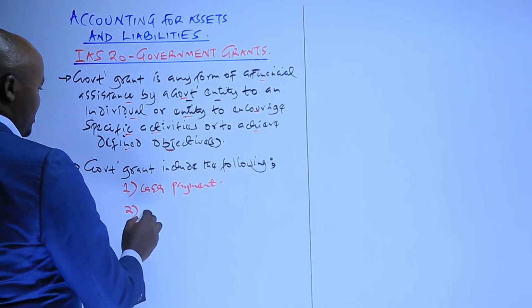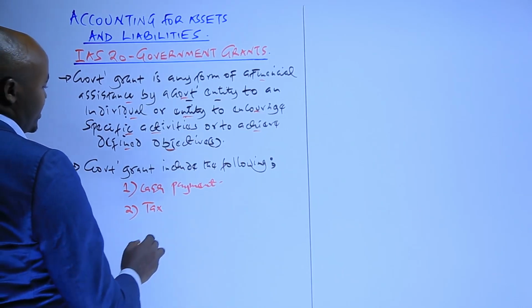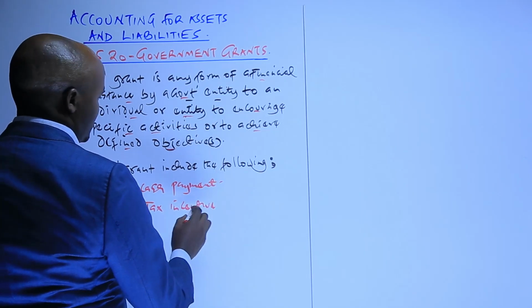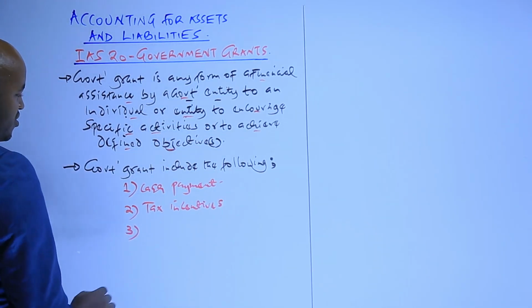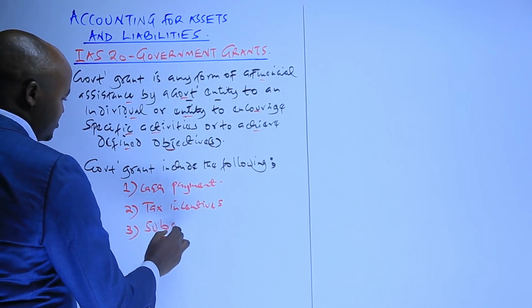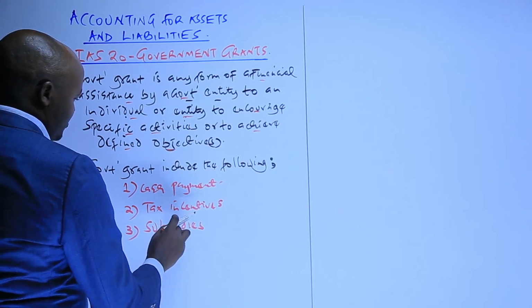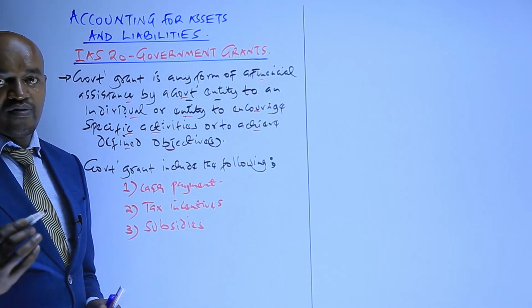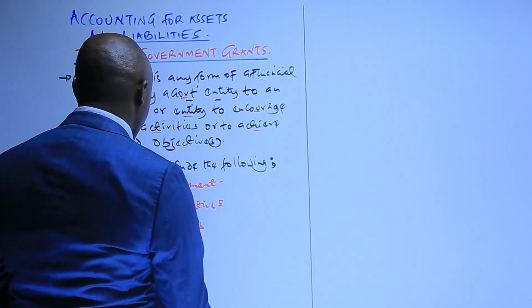Government grant can also take the form of what is referred to as tax incentives. It can also take the form of subsidies. So the government can reduce the price, or in other terms, the government can subsidize the prices of some of the products or the services which are used by such an organization.